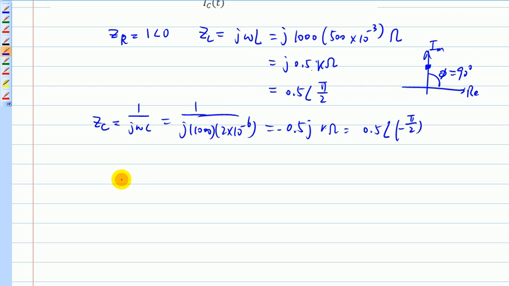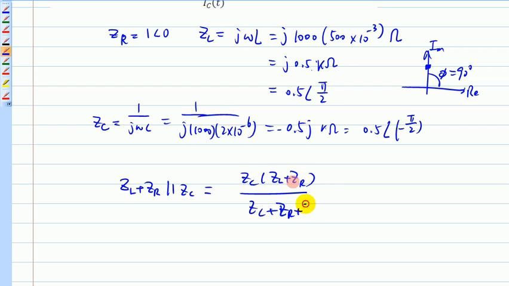So we get ZR plus ZL, that's the one, and parallel with ZC, right? So this one equals ZC times (ZL plus ZR) over (ZL plus ZR plus ZC).